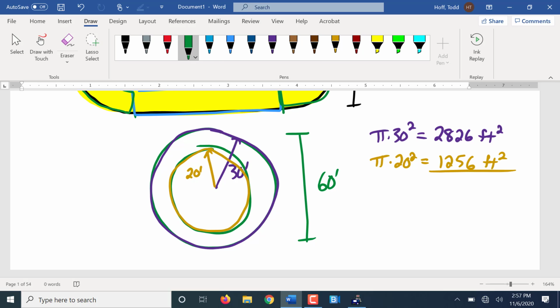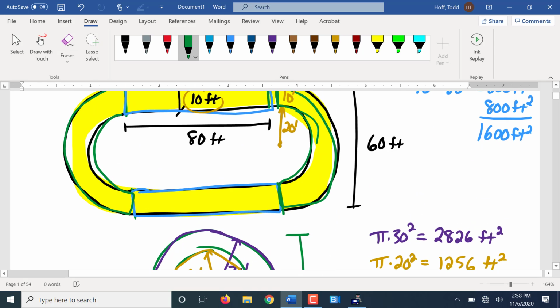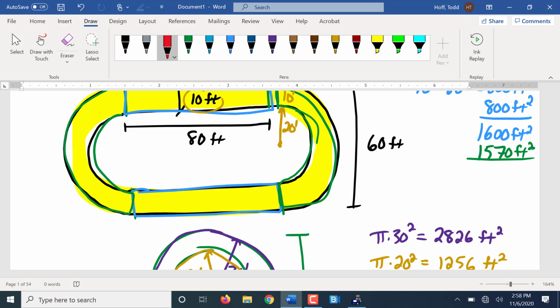So then we subtract the 2826 minus the 1256 gives us what? 1570. So that, of course, has to get added to the 1,600 square feet we had before, giving us a total of 3,170 square feet of area of that track to resurface.